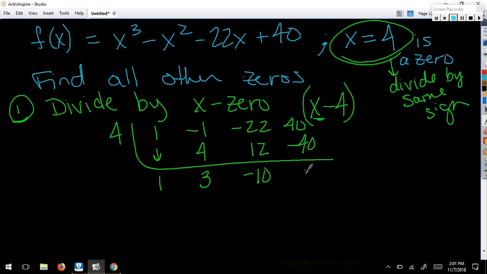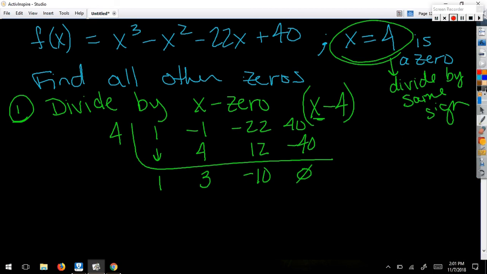How do I know I did it right? No remainder. Now, this does not mean that every time you synthetically divide, you always get a remainder of 0. When we get a remainder of 0, it's only because we've divided by a factor, which you will get in these problems. Y'all with me?